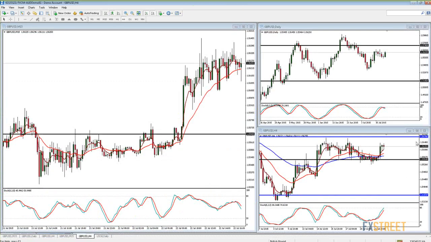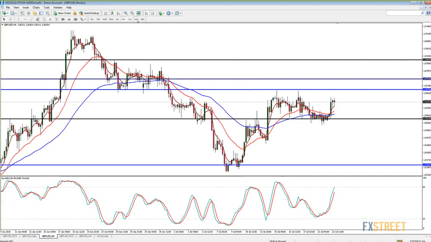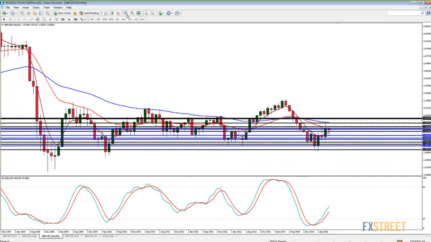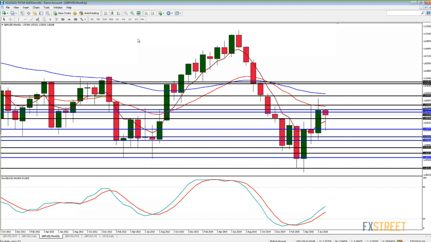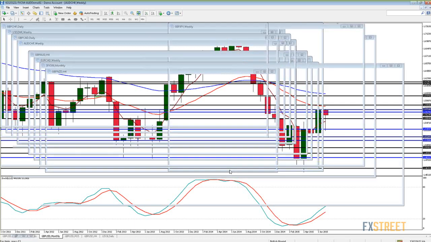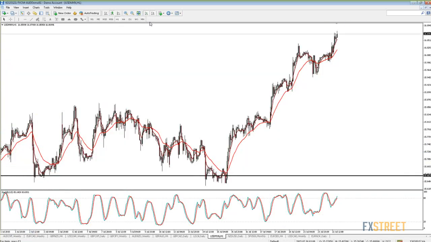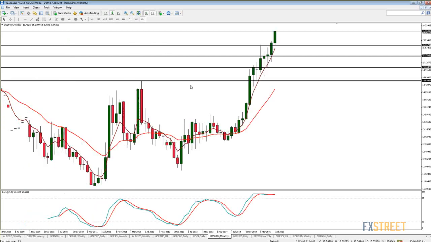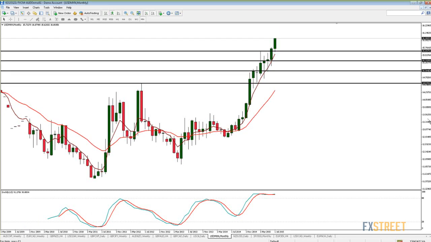In my mind, this takes a long time to develop the skill to be able to see or conceptualize how this all plays in. For example, we'll come right back to pound, and I know there's a lot of lines on that chart because it's a monthly, but take a look at this Mexican peso monthly chart. I don't have all the data here on the left, but this thing's in the moon here.